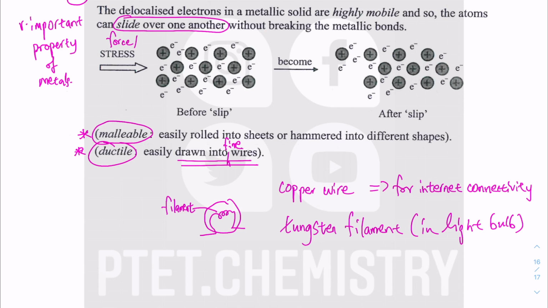All right, so copper wire is still used in many other countries, but the speeds are much lower than fiber optics, and sooner rather than later, eventually it'll be phased out as well. But it's a copper wire. Copper is a metal. You can draw it into a fine wire because metal is ductile. Metal is also malleable. That's why you can apply force to a metal and hammer it into different shapes.